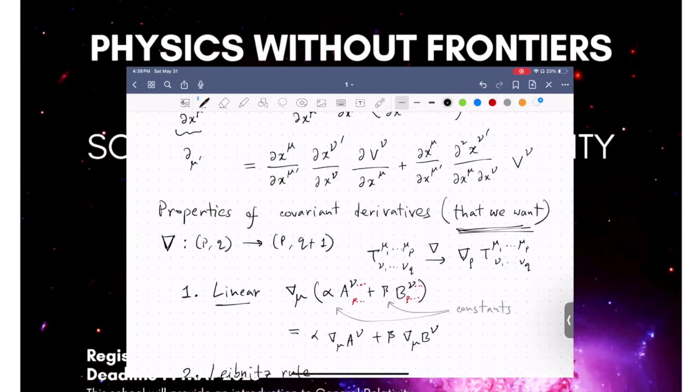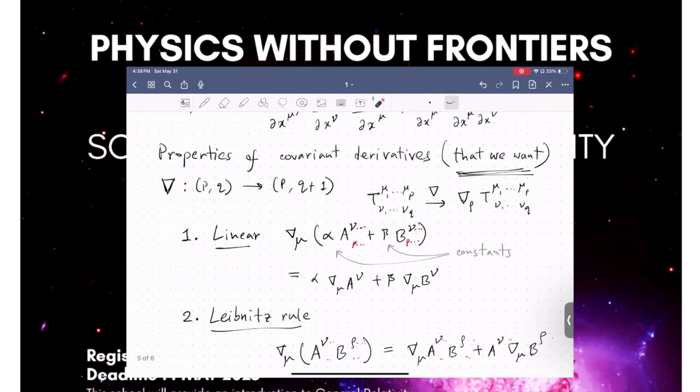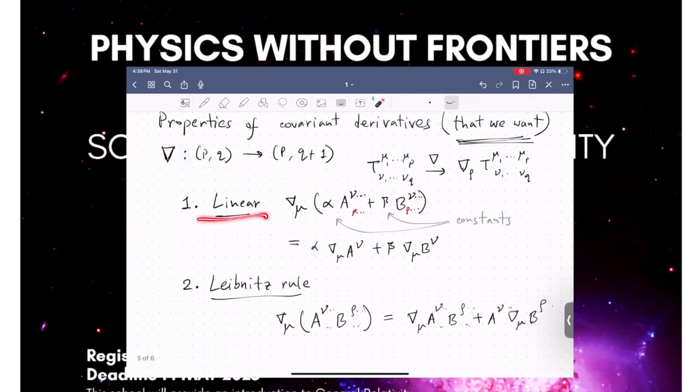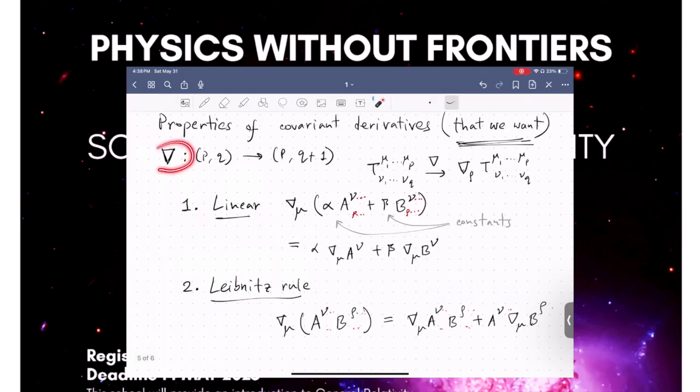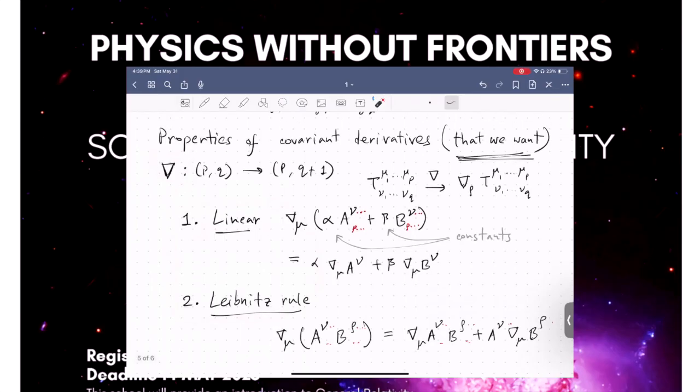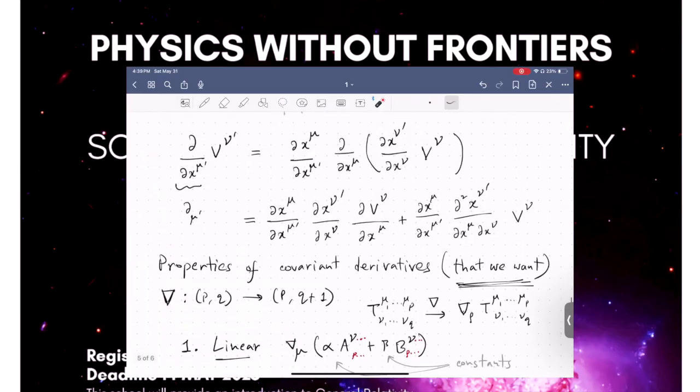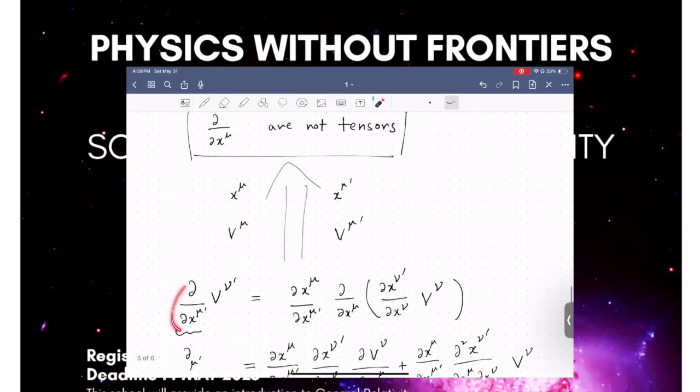All right. Okay. So we are looking for some kind of operation like this that has these properties. So the first question that we must ask is, does an operator with these properties even exist? Well, we almost had one with the partial derivative, right?